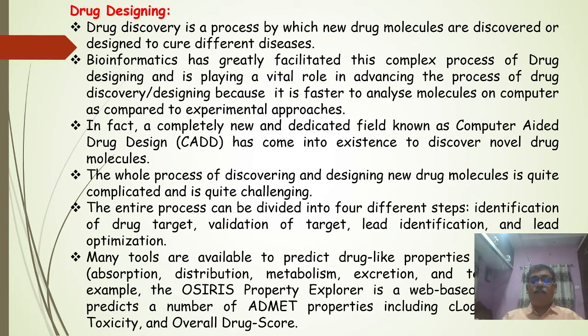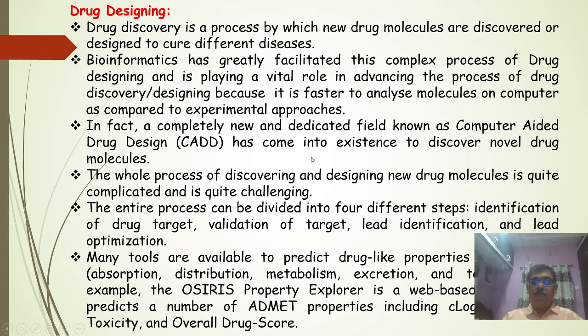The entire process can be divided into four different steps: identification of the drug target, validation of the target, lead identification, and lead optimization. You can predict the action of the drug by using such computer aided software.